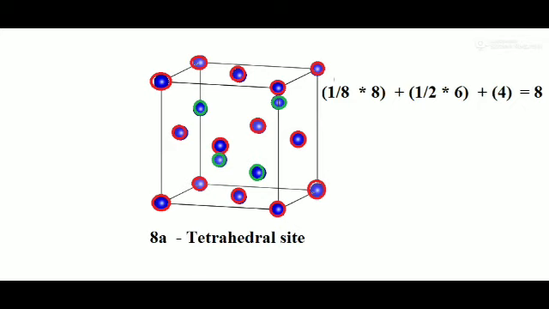So now draw a diagonal. If I draw a diagonal from this diagonal to this diagonal, so what happened? There is one atom present on the diagonal. If you divide this diagonal, from here to here it is 1 by 2, and from here to here it is 1 by 4th.